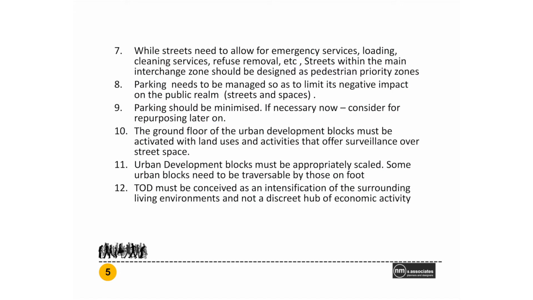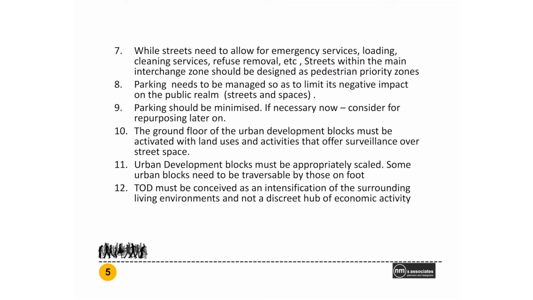So, continuing with the things that we've got to do to ensure that these TOD nodes allow streets to play a positive function is to try and ensure the design of that street network is prioritised for pedestrians, and that's a really difficult task. Parking needs to be managed, if not minimised.